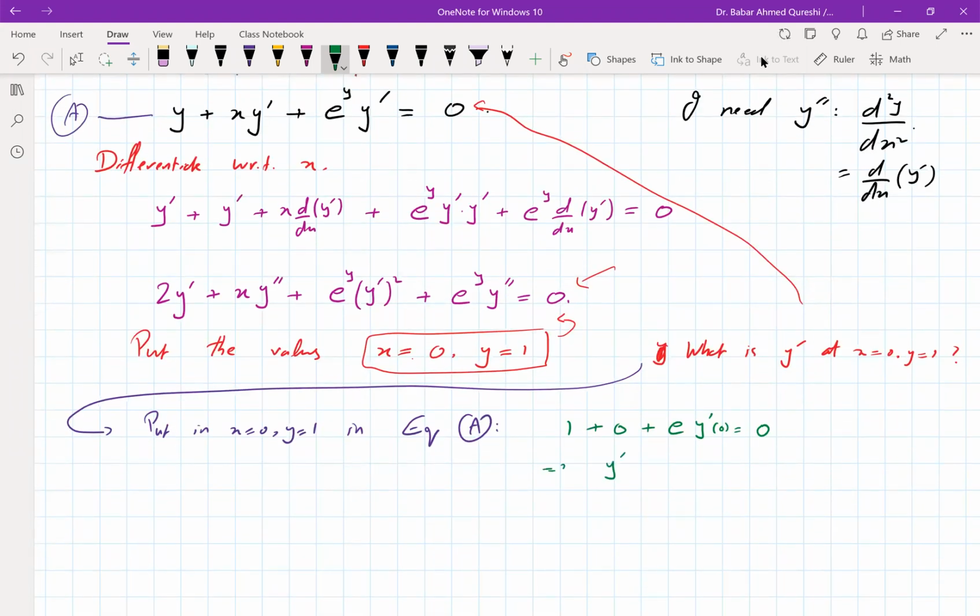So that gives me y dash of 0 is minus 1 over e.